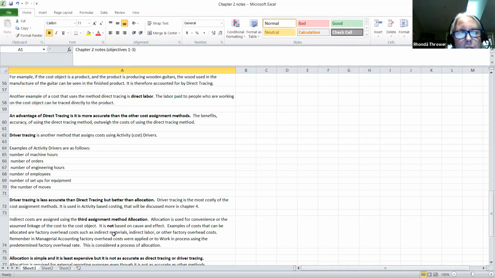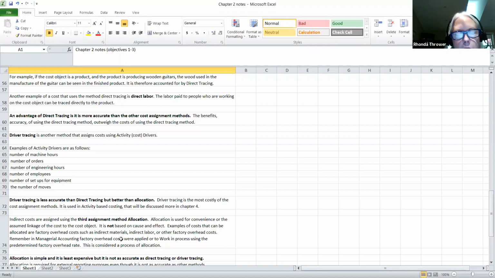It's based on allocation. If you remember in previous courses where we talked about determining a predetermined factory overhead rate, that factory overhead rate was based on things like direct labor or machine hours.